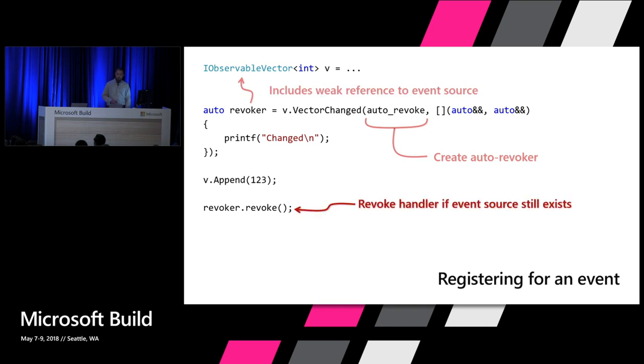So for example, when you want to revoke this manually, you can call a revoke method. And that'll attempt to resolve the weak reference to the collection. And if it still exists, if somebody else has a strong reference to that object, it'll be able to revoke it for you. Naturally, in its destructor, it'll also revoke that from you if you want to just store that in your class member and simply have that destroyed automatically. In either case, it's conscious that it's holding a weak reference, so that's very handy if you're dealing with reference cycles and you need to solve that problem within your application. And this is a very convenient solution for more complex scenarios.